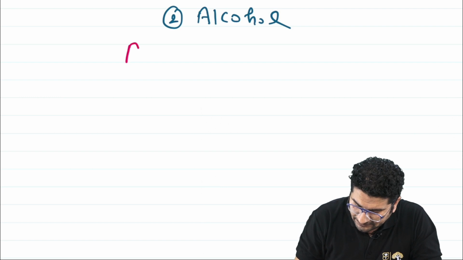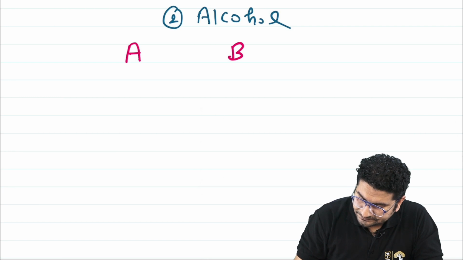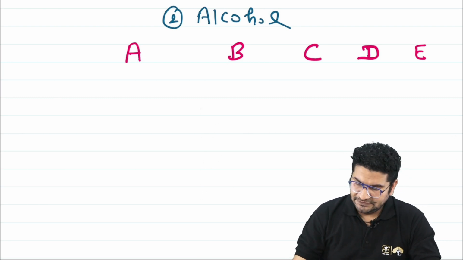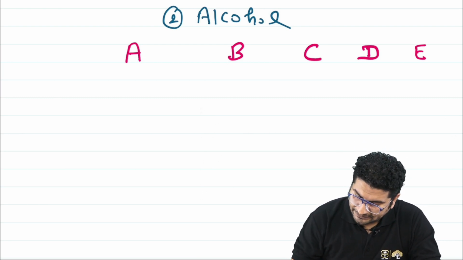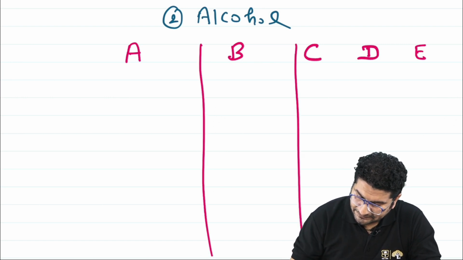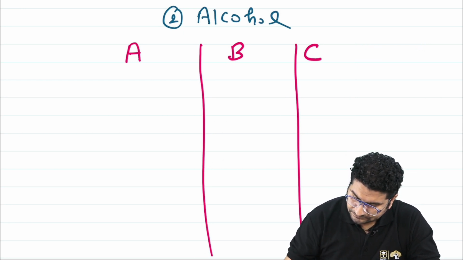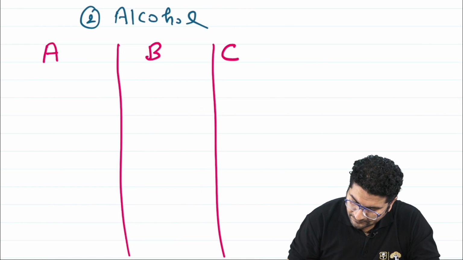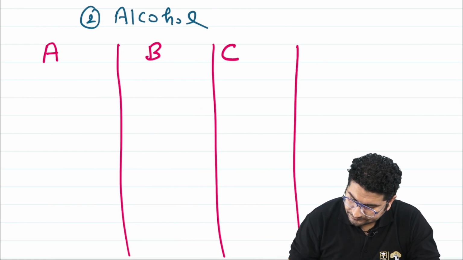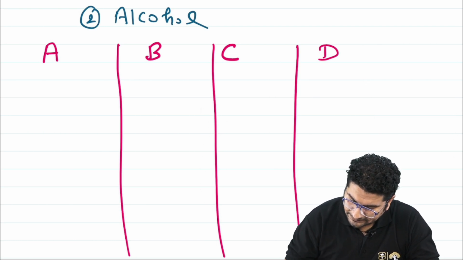I am making a table: Hepatitis A, hepatitis B, hepatitis C, hepatitis D, and last is hepatitis E. So these are 5 types of hepatitis virus.